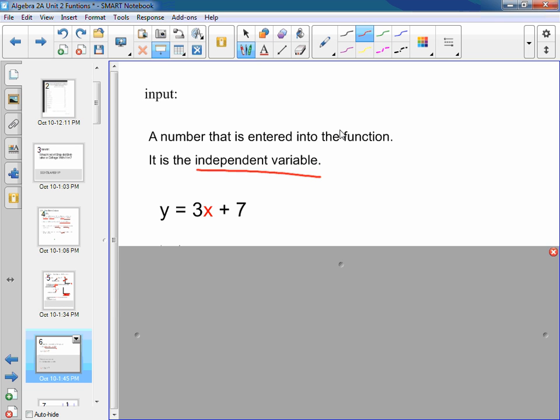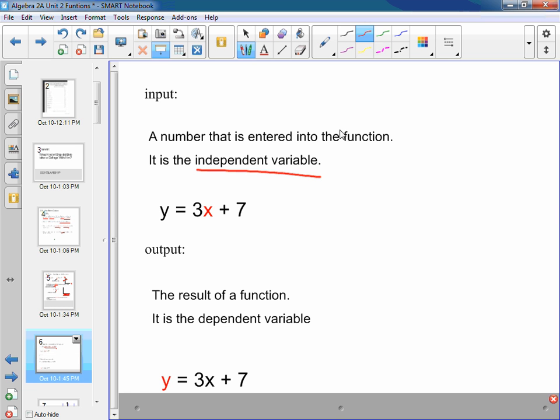Then the output is the result of a function. It's the dependent variable. It's your y. So input, independent, x, those are all the same. And output, dependent, and y, those are all one and the same.